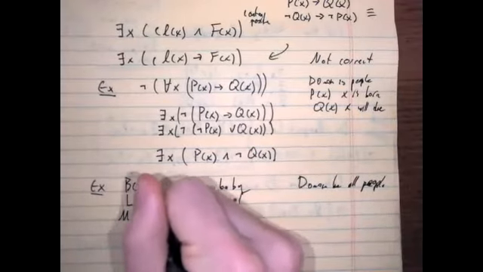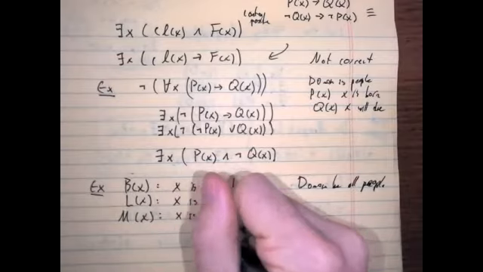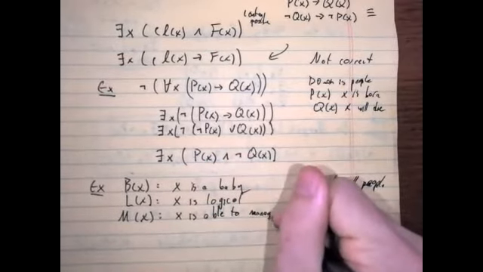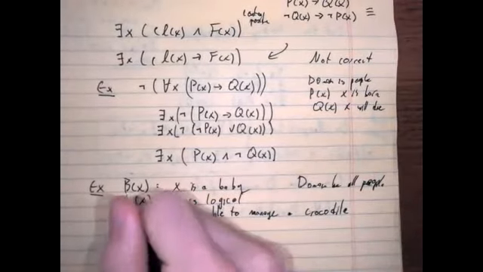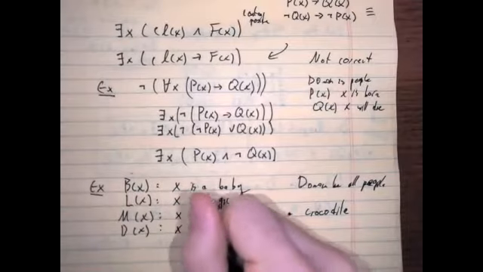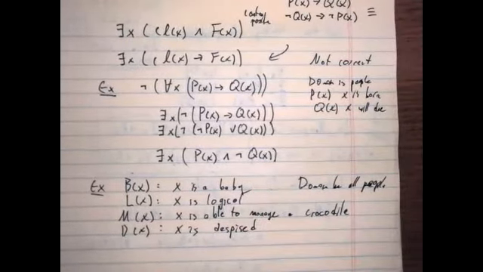M of x is x is able to manage a crocodile. And D of x is x is despised. Okay, so here is an argument that Lewis Carroll wrote.